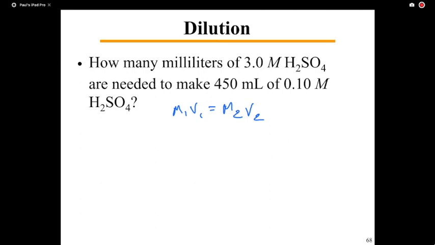In this case, usually the first one is the concentrated one. Mathematically, as long as you match them, it doesn't matter, but 0.3 molar is what I start with. That is the concentrated. What is V1? That's the unknown. That's what I'm trying to solve.